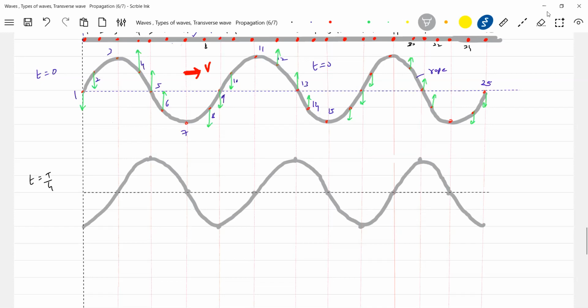Tell me, the one was somewhere here, no? The 2 will be moving down.